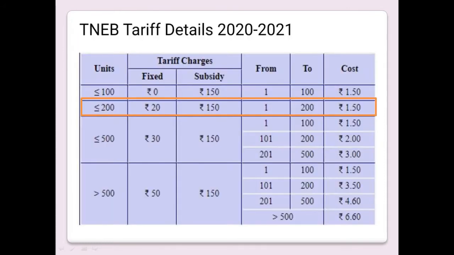Yes, now if the units consumed range between 101 and 200, we may calculate the charge by splitting the units into two parts.